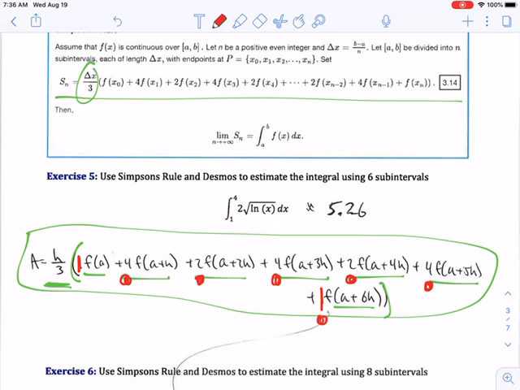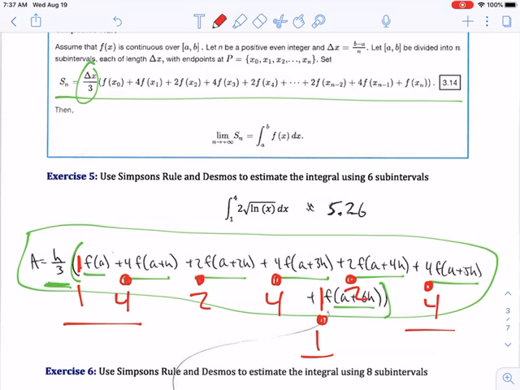So this is set up for 6 terms. You could not do 7 terms in Simpson's rule, because 7 terms would require the next term to be a 2 and then a 1, but these alternate 4, 2, 4, 2, 4, 1. So it has to begin with 1, 4 and end with 4, 1.